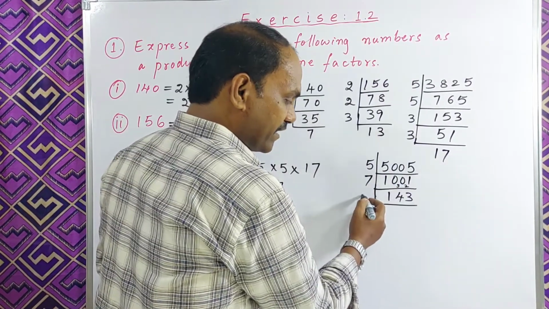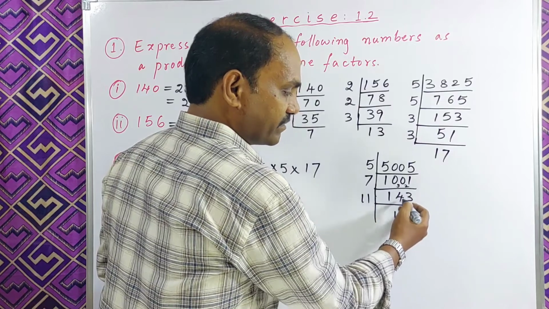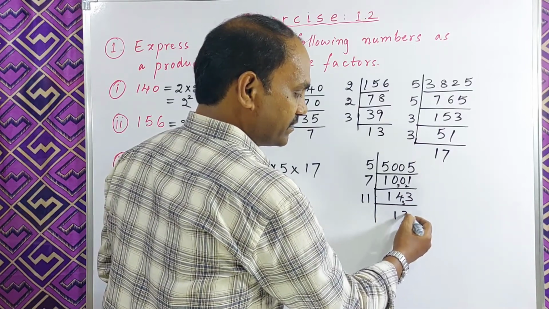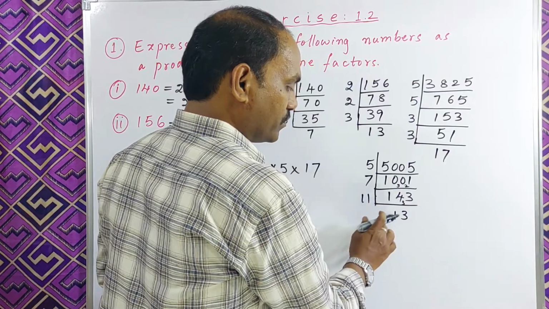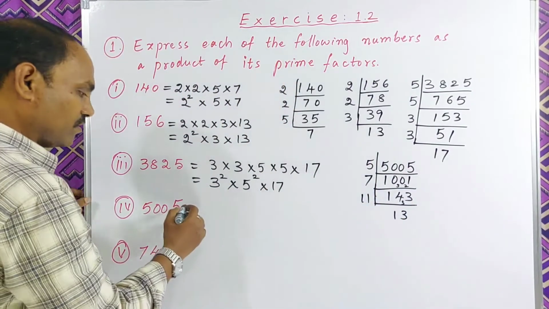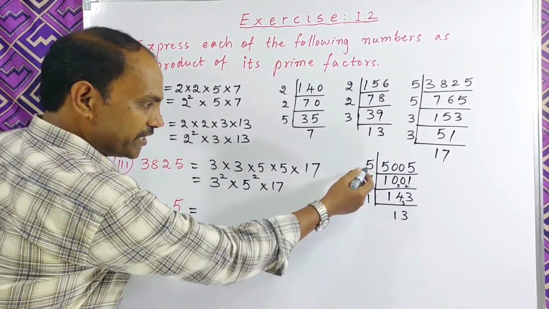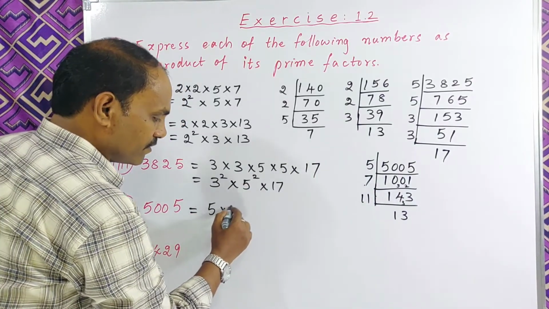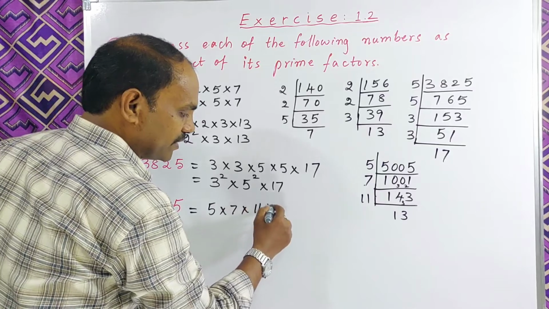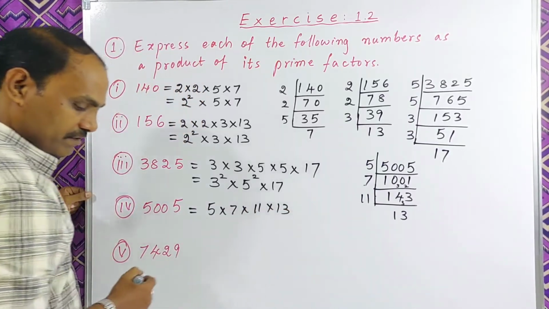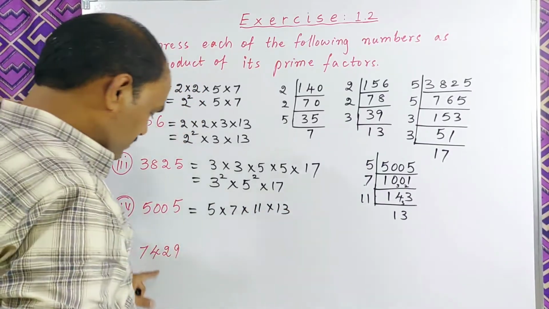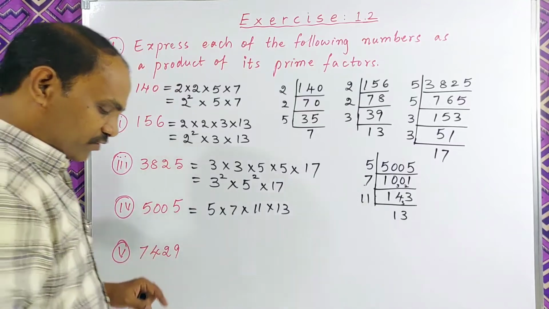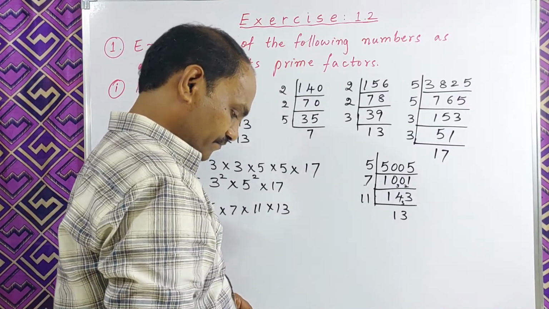Now again with 11, 11 ones are 11, 3 is there, so 11 threes. No need to do again here. So this value becomes 5 into 7 into 11 into 13. Now this one, 7429.